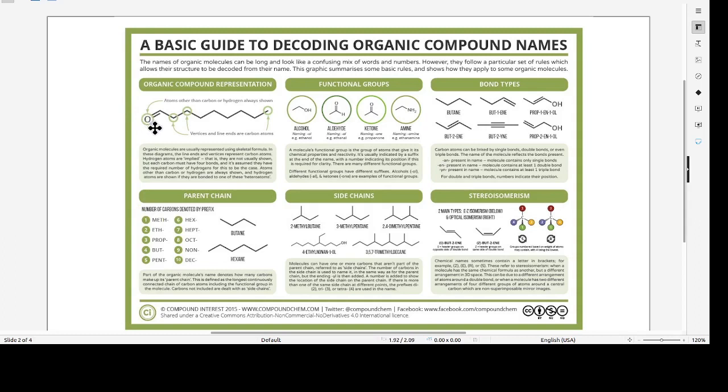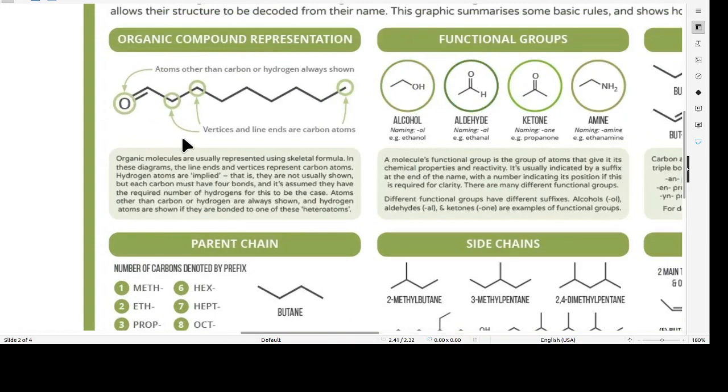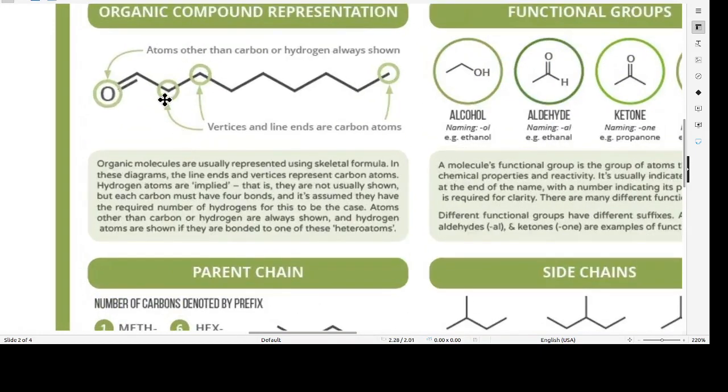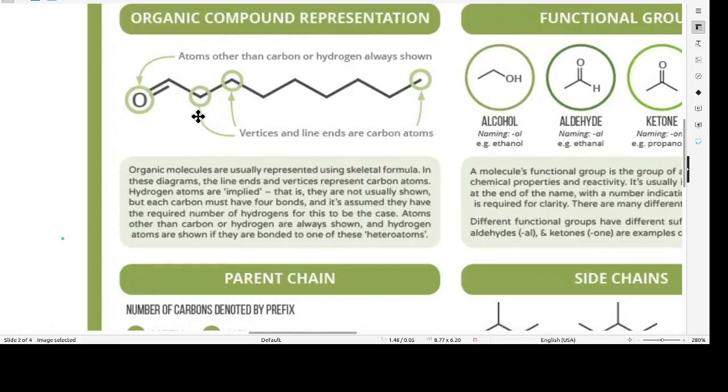You can find that in the folder on D2L or go to the web page, Compound Chem. He does lots of great chemistry figures, mostly just for fun and information. So here's a basic guide to decoding organic compound names, and you should spend some time figuring this out, comparing it to the videos you've looked at.